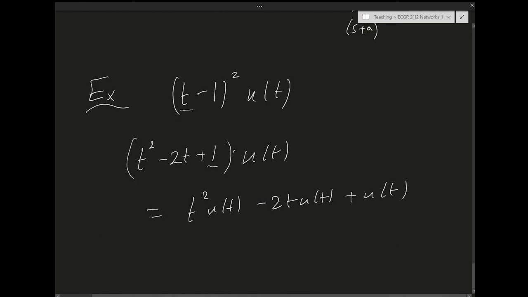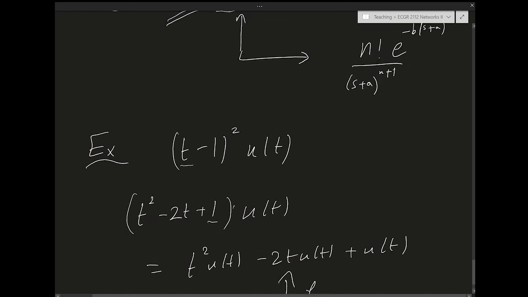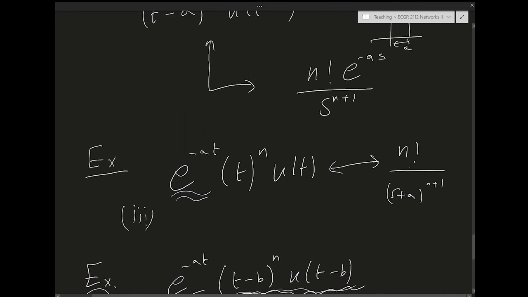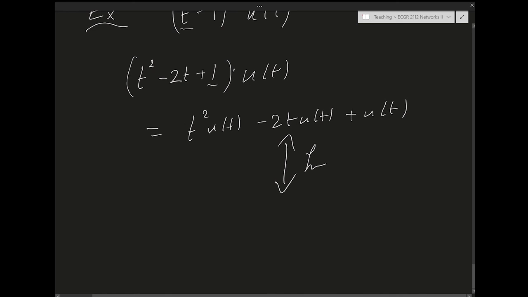And here we can apply the linearity of the Laplace transform to every one of those terms. The transform of t squared u of t is n factorial over s^(n+1). In this case, n is 2, so 2 factorial is 2 over s^3. Minus 2 times the transform of t u of t, which is 1 factorial over s^2, plus 1 over s.